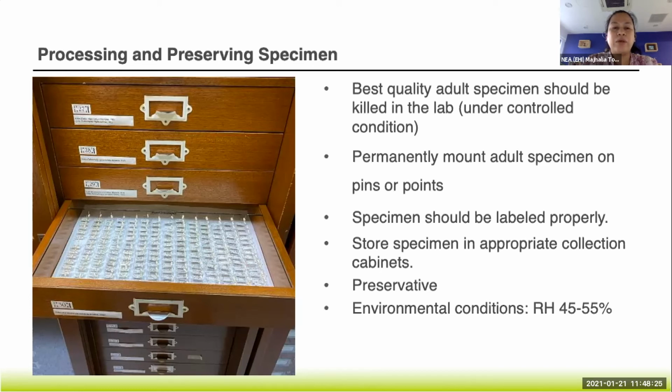And we always change these preservatives inside the drawers once a year to maintain the quality of the samples inside the dry room. In doing so, we actually have samples that were collected from the 1970s and are still intact up until now.